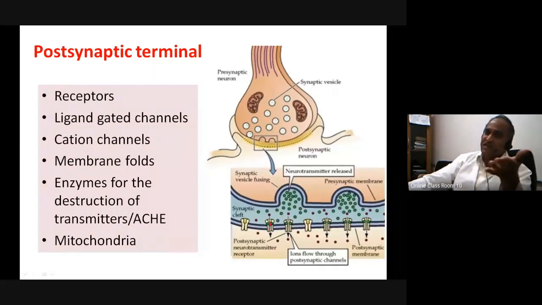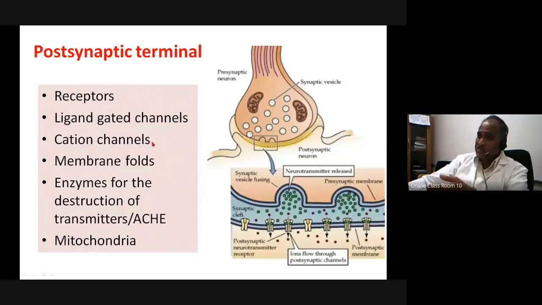This is the ligand-gated, and they themselves have an ion channel. Say for example, a nicotinic acetylcholine receptor itself opens up the cation channels, that would make the sodium channels open, or chloride channels open, depending upon the nature. Say for example, a glutamate, or let's say an NMDA receptor, or if you are looking at the AMPA receptors and the GABA receptors, like that they will be working.